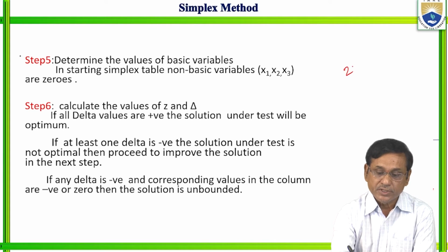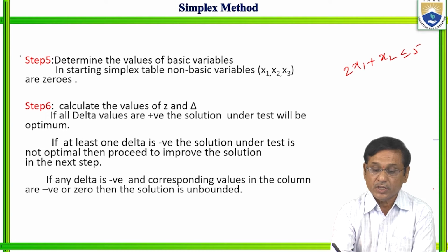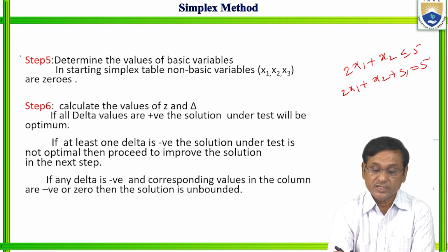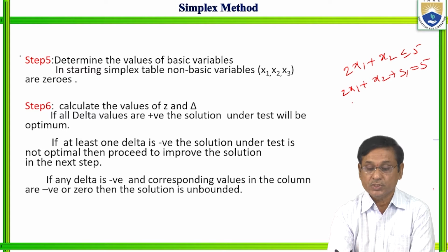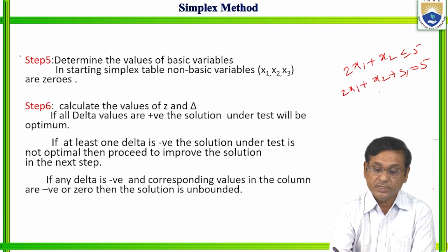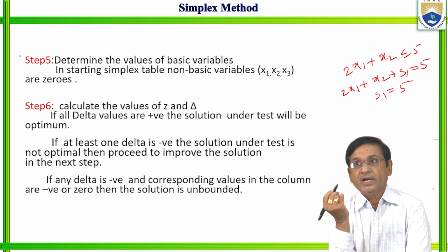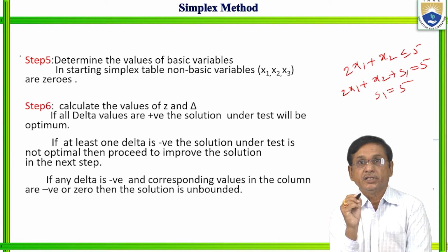So now the inequality 2x1 plus x2 less than or equal to 5 is converted into an equation, 2x1 plus x2 plus s1 is equal to 5. In the starting simplex table, non-basic variables x1, x2 are zeros. When x1, x2 are zeros, you get the value of basic variable s1 equal to 5. Like that, we can find the values of the basic variables. These values should be entered in the table.